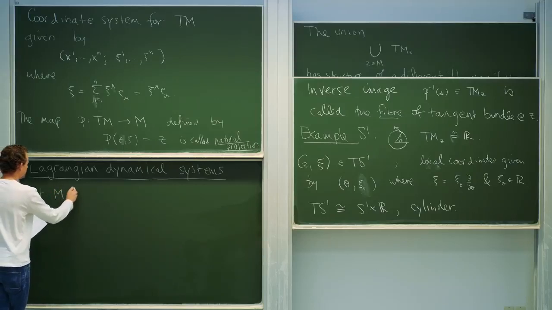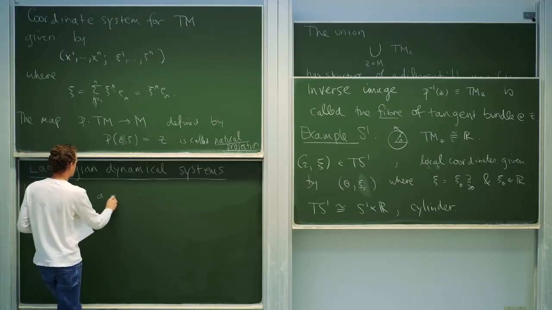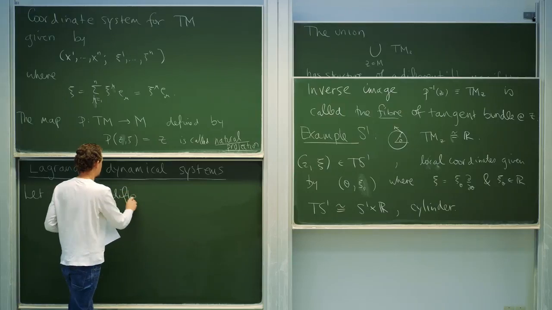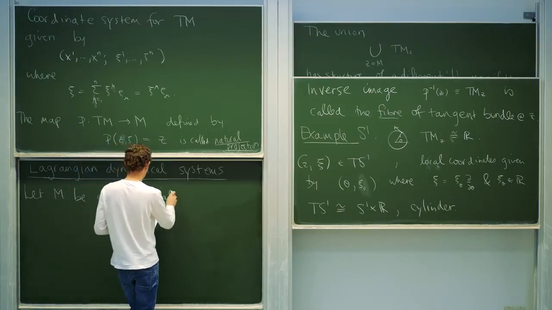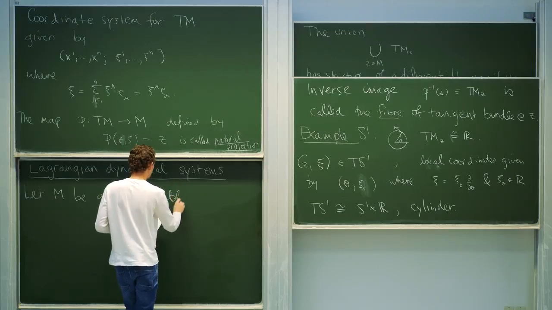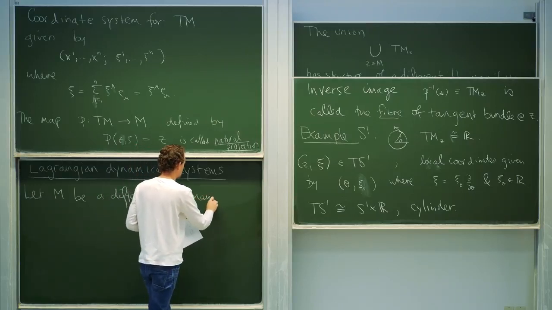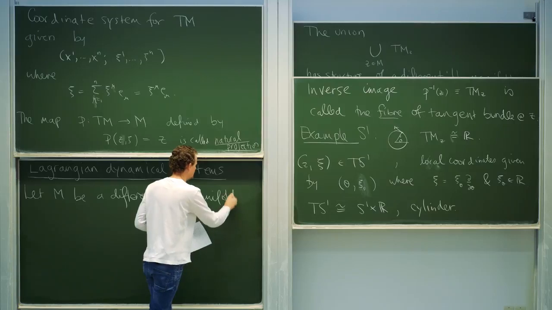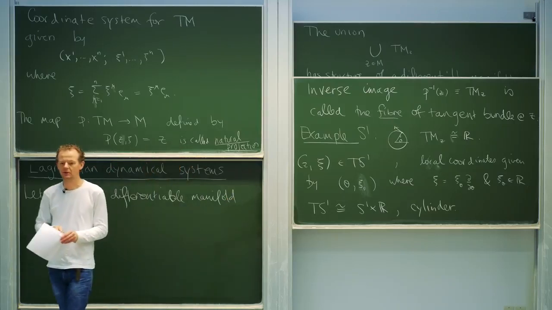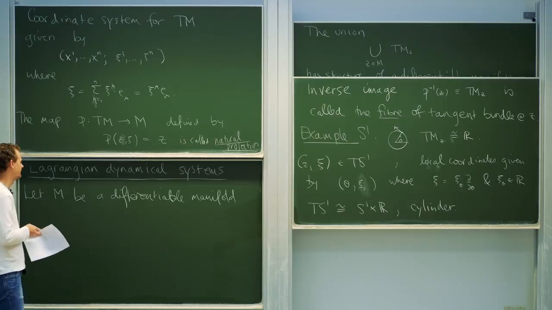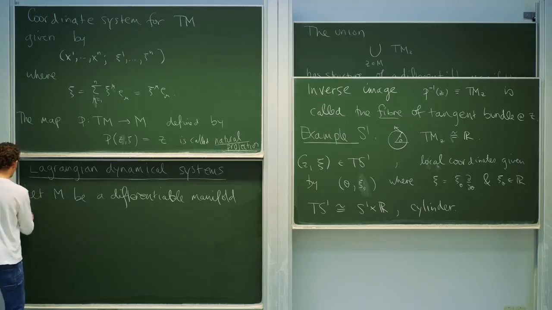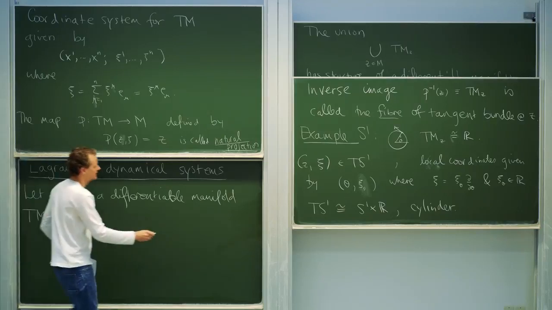So let M be some differential manifold. And when you did Lagrangian dynamics before, that typically would have just been the real numbers, or R to the M. Well, now we've got a manifold, let TM be its tangent bundle.